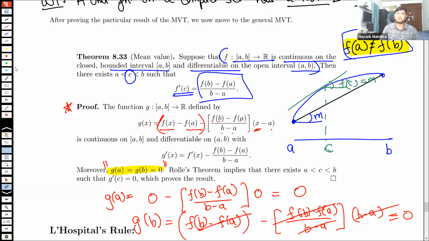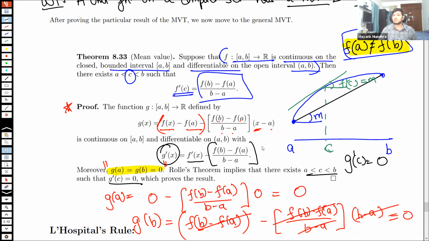If g obeys Rolle's theorem, it means that there exists a point c such that g prime of c must be 0, because Rolle's theorem says that at an intermediate value, the function should have slope 0. If you're starting from the same point and ending at the same point, your function should have a 0 slope somewhere in between. So now you have g prime of c equals 0. And what is g prime of x? If you differentiate this function, you get f prime of x minus f of b minus f of a upon b minus a.